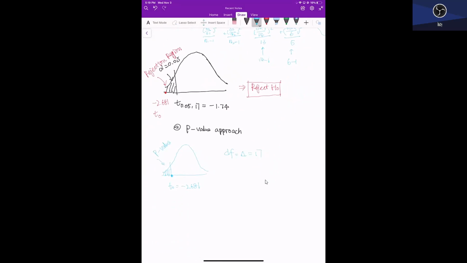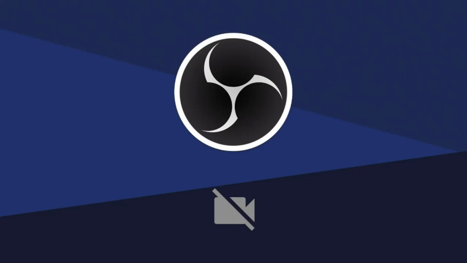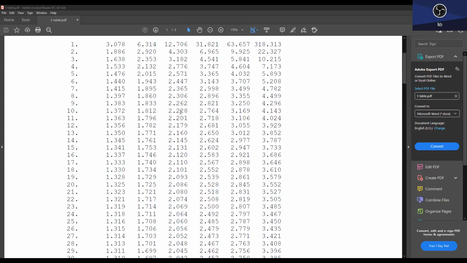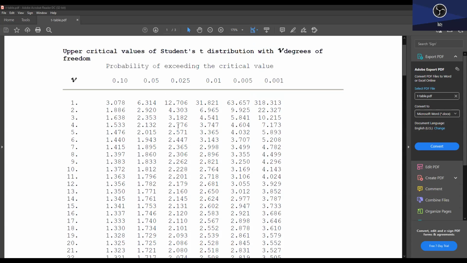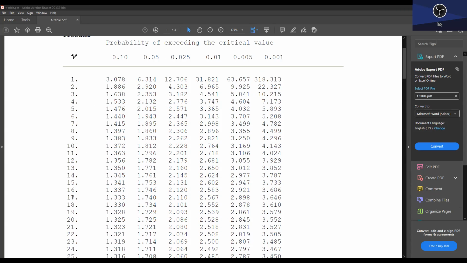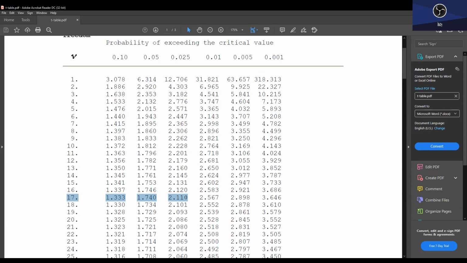Okay, now remember those two words. We'll go back to the table and find where our p-value is. So our degrees of freedom would be 17.